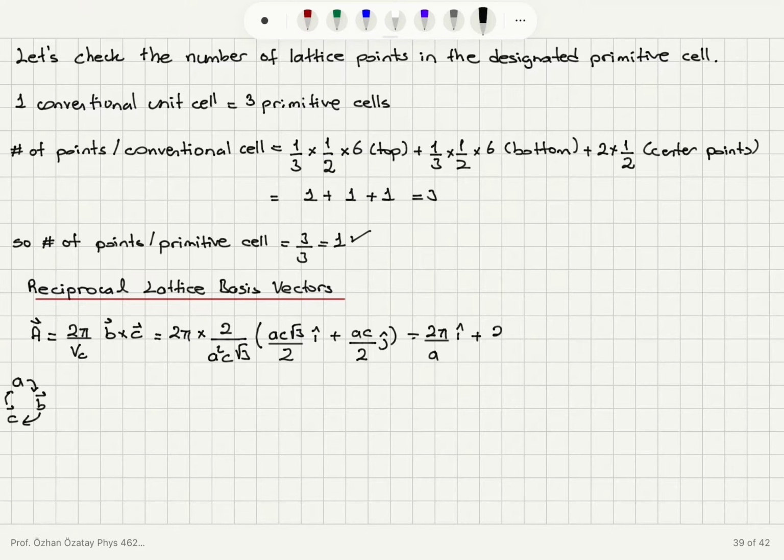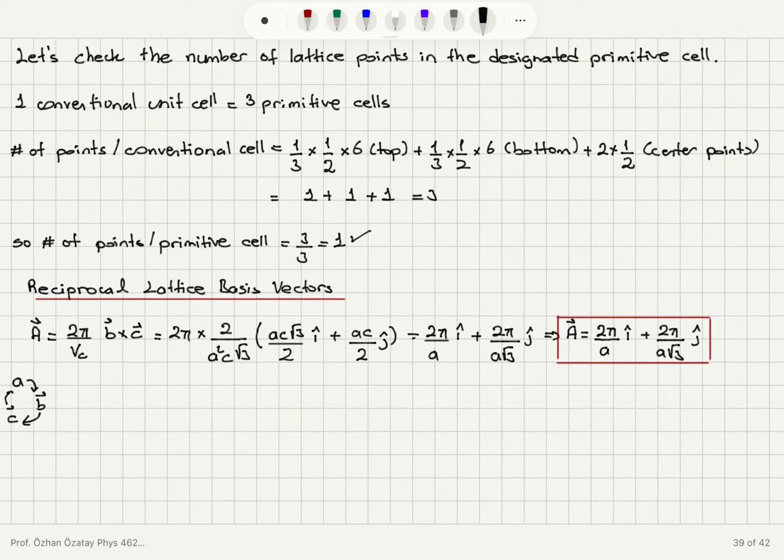So I will have 2 pi divided by A square root 3 J hat. So therefore, I find my capital A vector, first primitive vector in the reciprocal lattice, as 2 pi over A I hat plus 2 pi divided by A square root 3 J hat. So this is the first reciprocal lattice primitive translation vector.